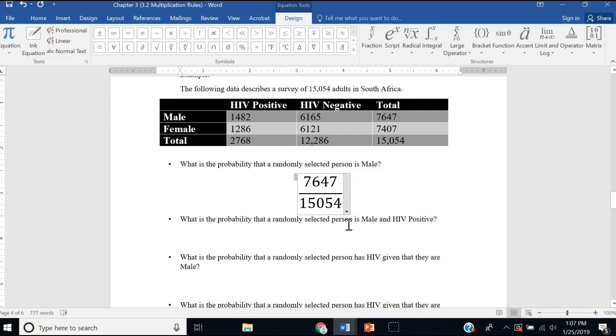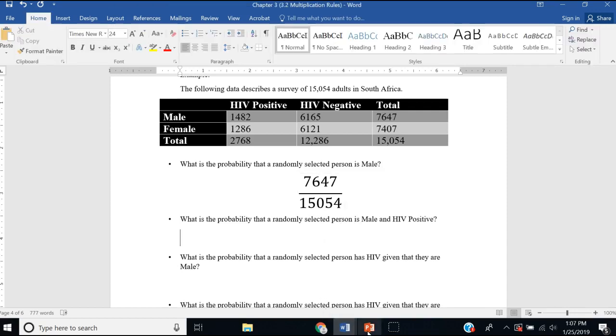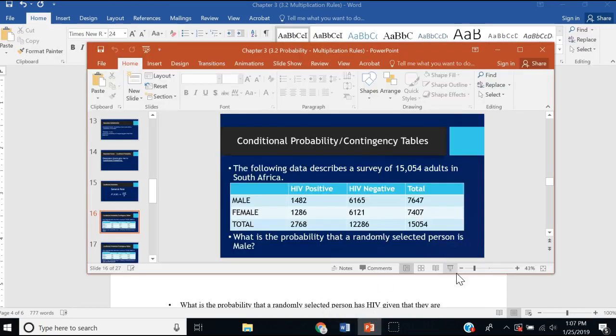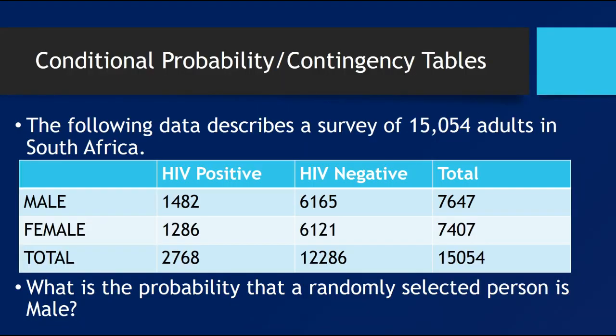Okay. Now, the next question says, what's the probability that a randomly selected person has both characteristics? Again, we're going to select this person out of the entire group. So out of the entire 15,000 people, what's the probability that the person you select has both the characteristic of being male and the characteristic of being HIV positive?